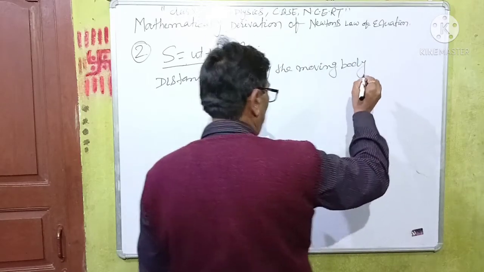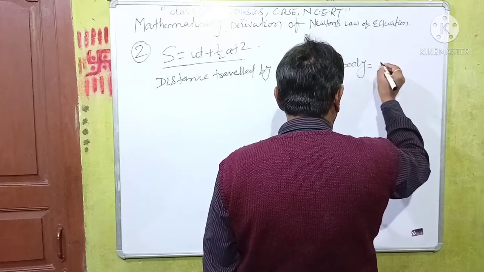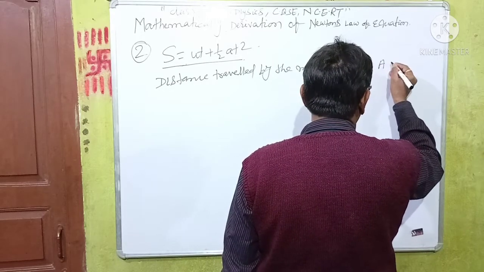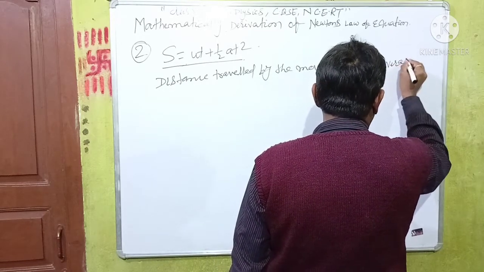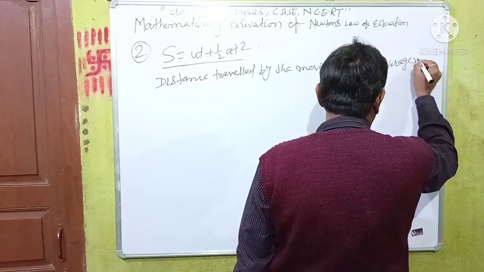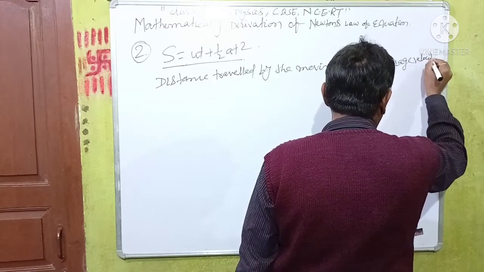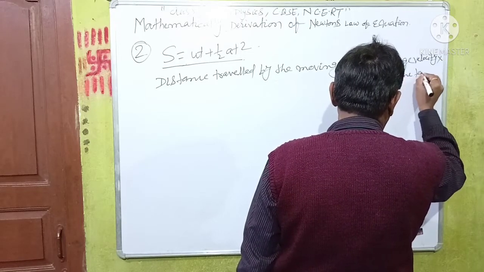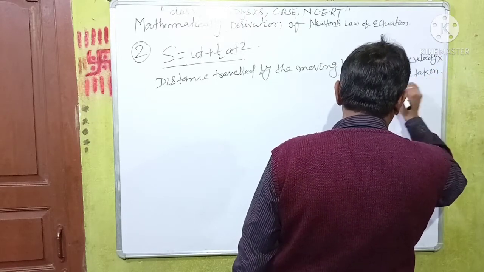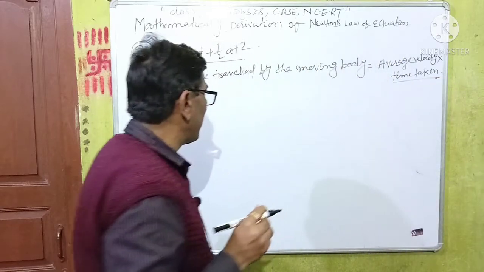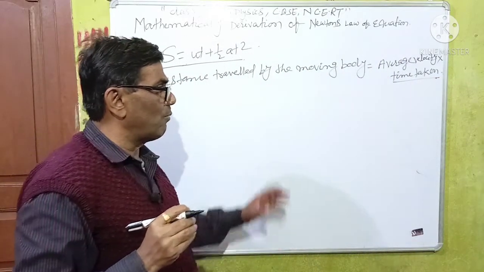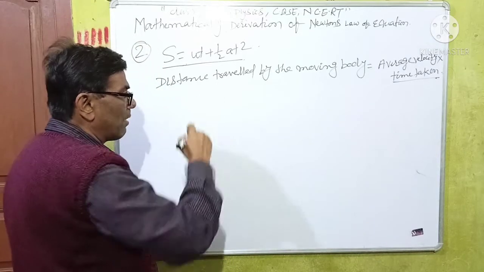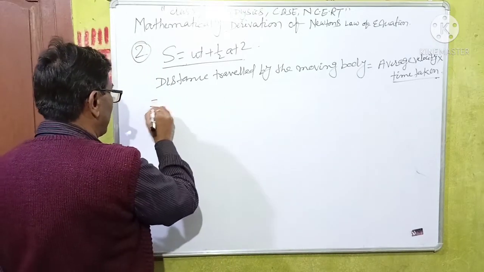Average velocity into time taken. The distance traveled by the moving body is denoted by s.